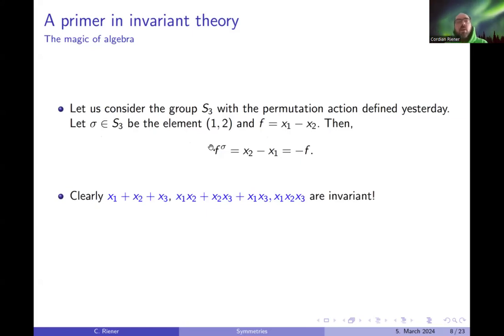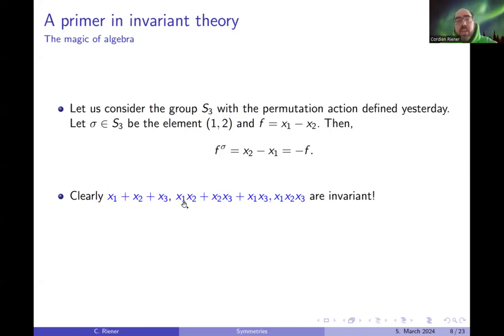Okay, very easy to see. But you maybe also already have seen those polynomials that are invariant. So for example, if I take the sum of x1, x2, x3, I mean, obviously, whenever I interchange 1 and 2, 2 and 3, 3 and 1, nothing changes with this polynomial. The terms are just reordered.